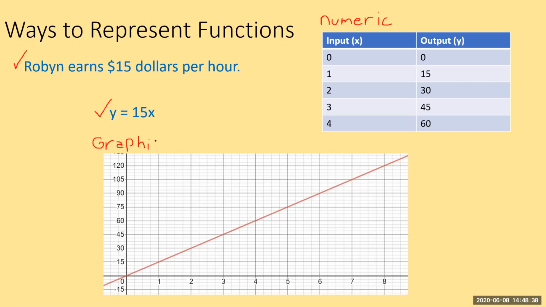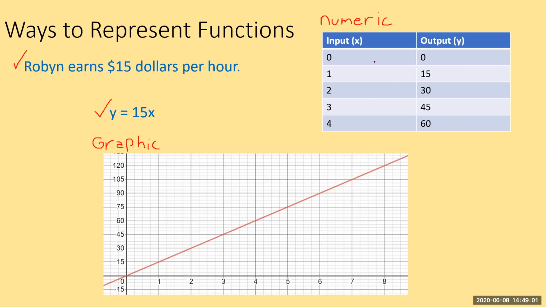When we say we've got a numeric representation of a function, usually it's going to take the form of a table like we have here. It might also be just a list of values, which we'll see later. But what we're really doing is we're creating a list of example numbers that tell us about the relationship between input and output.